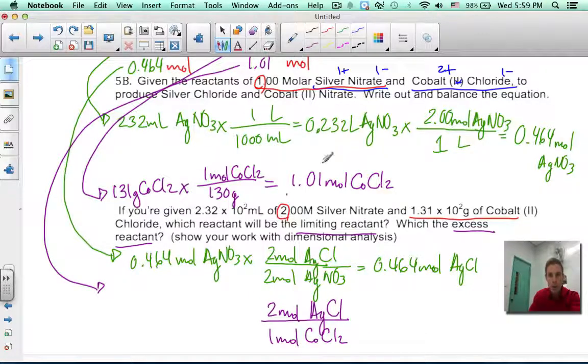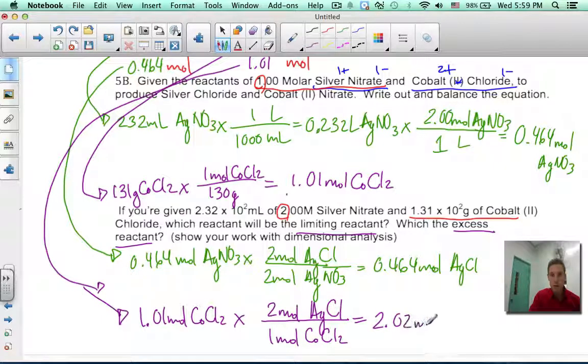How many moles did I have of cobalt 2 chloride? It's right there. I had 1.01 moles of cobalt 2 chloride. And then when you do this math, you have 1.01 times 2, right? What I'll get is 2.02 moles of silver chloride.